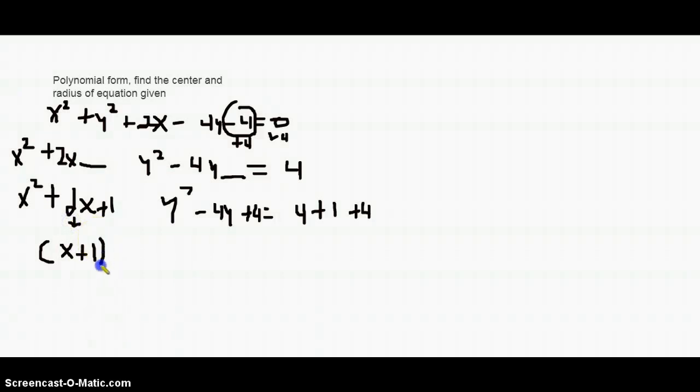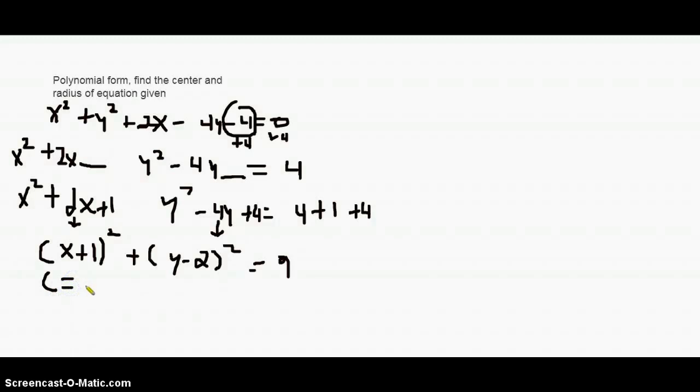Then squared plus (y minus 2) squared. We got the minus 2 from the negative 4 when we divide by 2, equals 9.